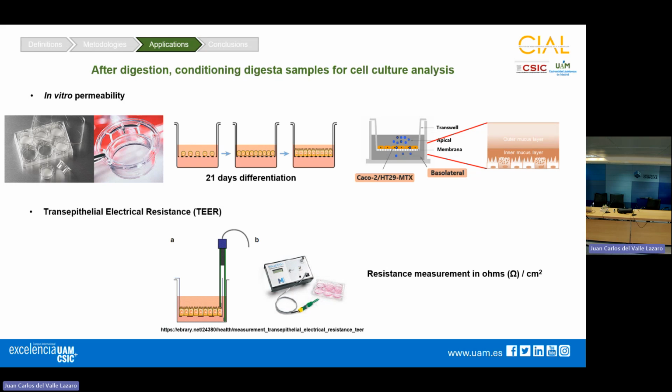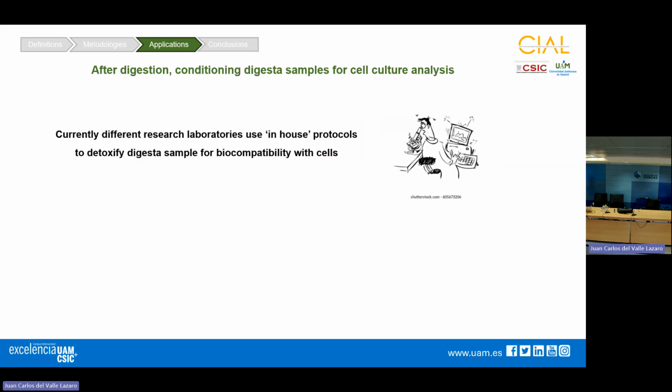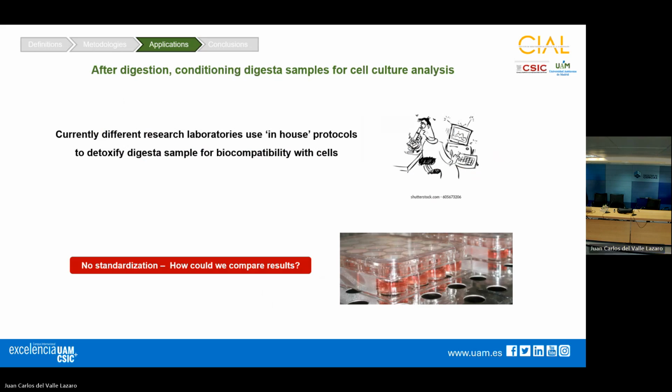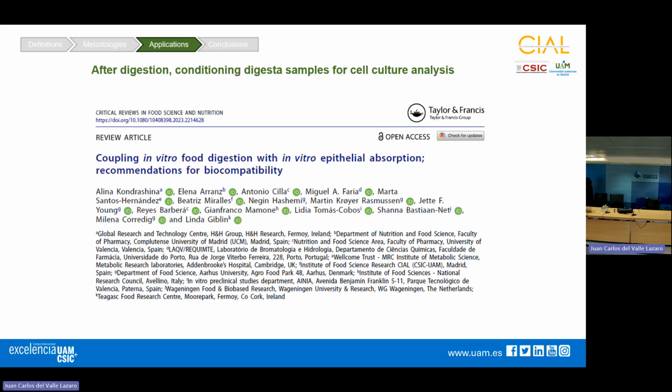And we can find TEER values from 1,000 to 100 after the 21 days. So just to give you an idea, it is not easy to standardize, depending on the cell clone. So if we want to compare results, we need to standardize, right? That's a message that I wanted to give.